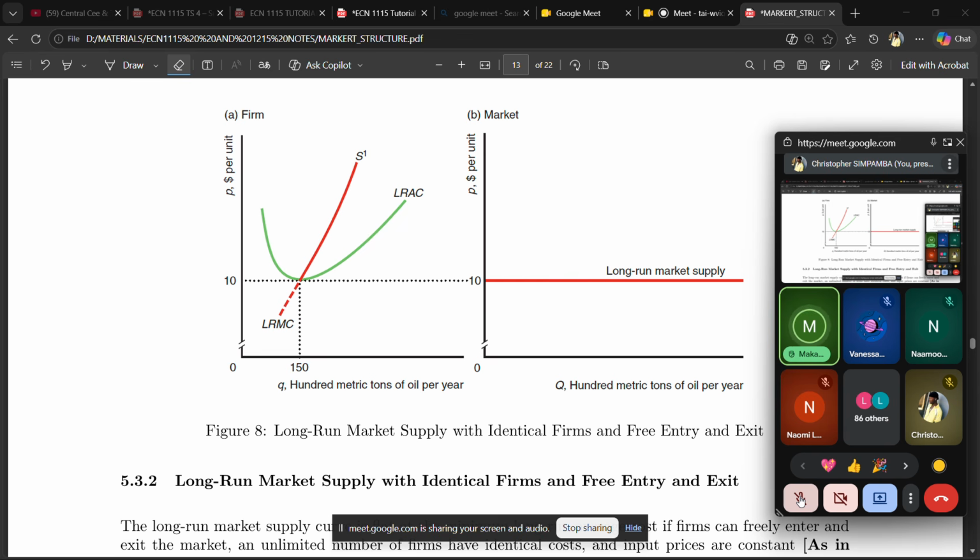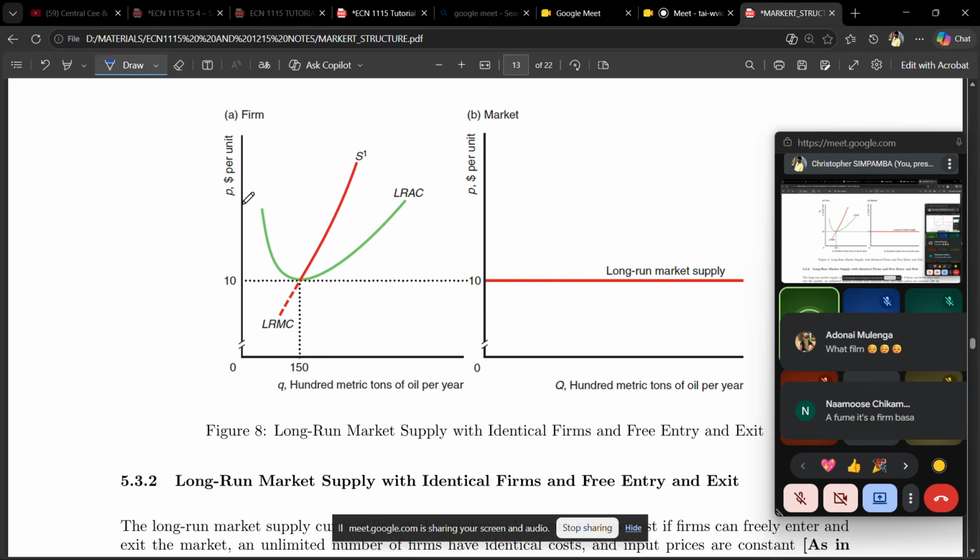The point of profit maximization is where price is equal to marginal cost. The short run supply curve is just marginal cost above average variable cost. That's the graph that Christopher drew for you, the top part where average variable cost is cutting.